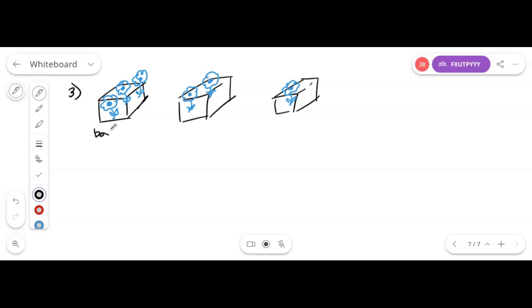This box has 3 flowers. This box has 2 flowers. This box has 1 flower.